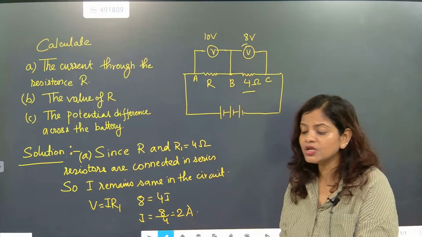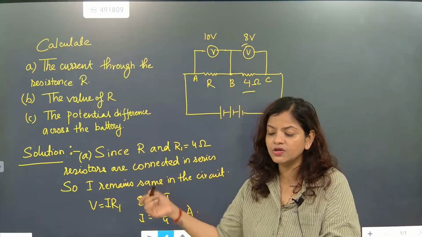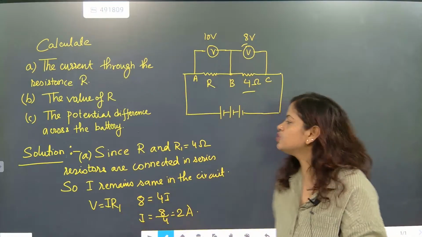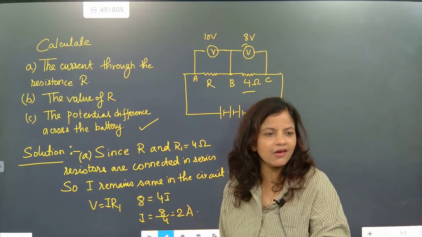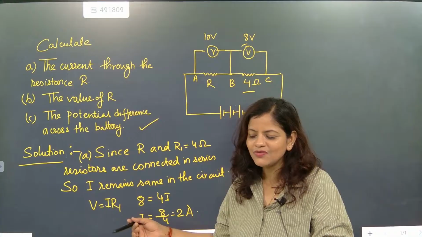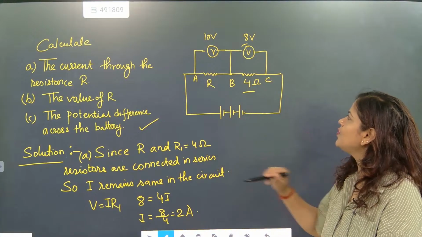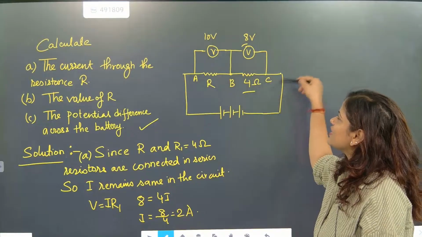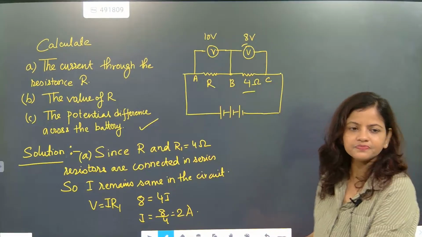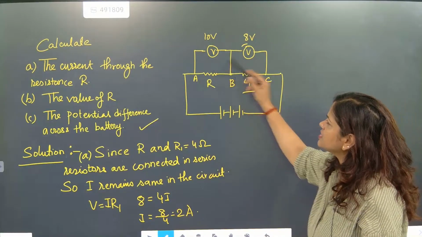So the total potential difference will be V is equal to V1 plus V2, the total potential difference across the battery. They are asking for the potential difference here. One work we can do now: first we will calculate this one and then this one.